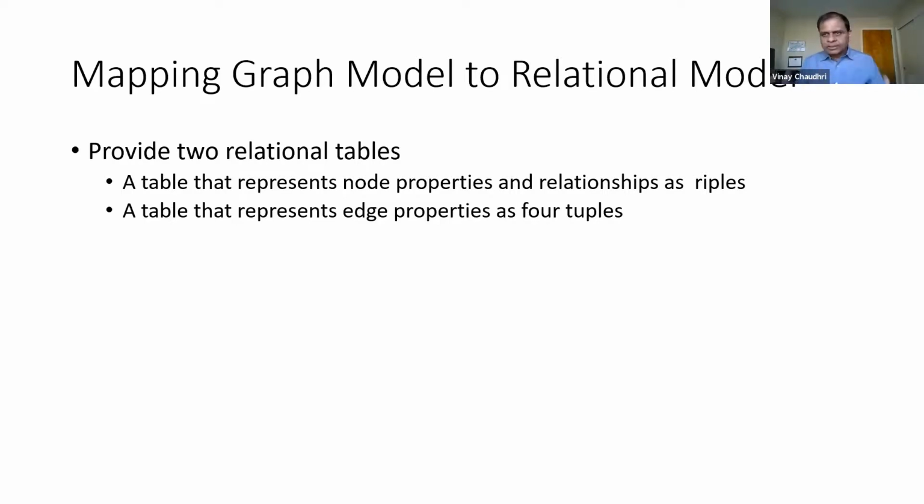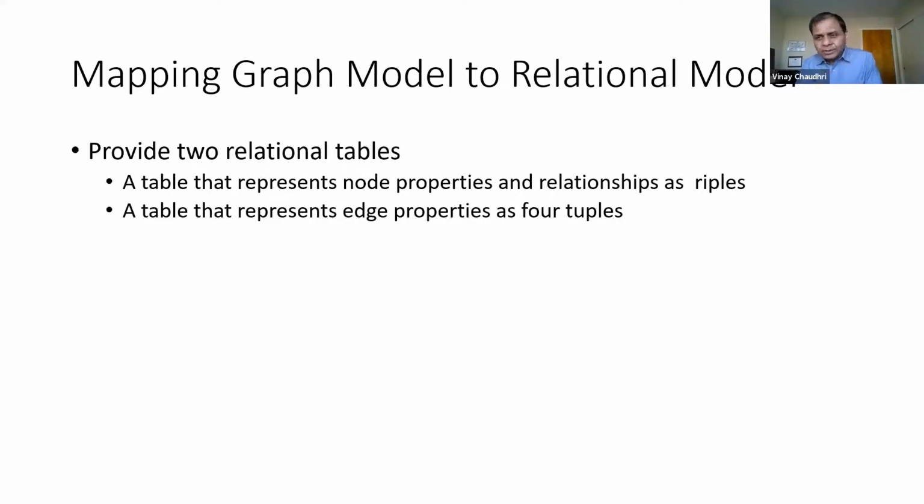There's only one table which is a set of triples, and I'll have a second table in which I'll have only 4-tuples, and in that I would store edge properties, because edge properties are essentially 4-tuples. They are not triples. All the graph data that you have in the property graph model, I can model using these two simple tables, and then use my existing machinery. There is no particular advantage to going with the graph database route.